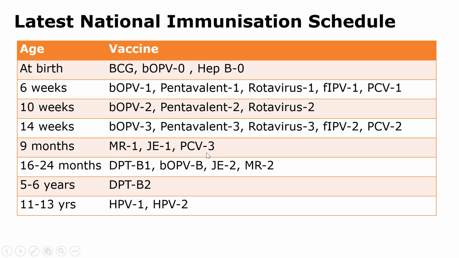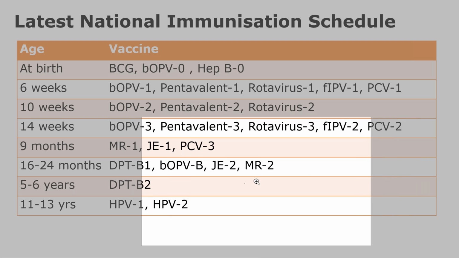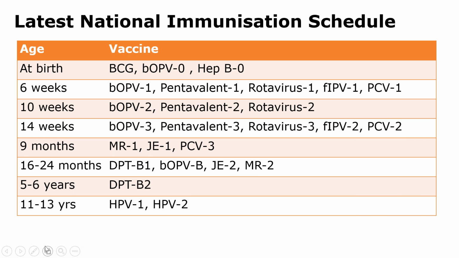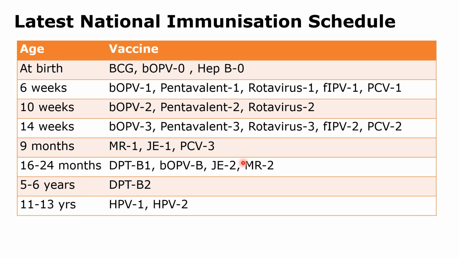Followed by at 9 months. So at 9 months, you're supposed to give the measles rubella vaccine or the MR vaccine, the Japanese encephalitis vaccine in the endemic areas, and the third dose of the pneumococcal conjugate vaccine, as you can see, right? At 16 to 24 months, we are going to give the DPT booster, the bivalent OPV booster, okay? The Japanese encephalitis, if it is an endemic area, you're going to give that, and the second dose of the MR vaccine.